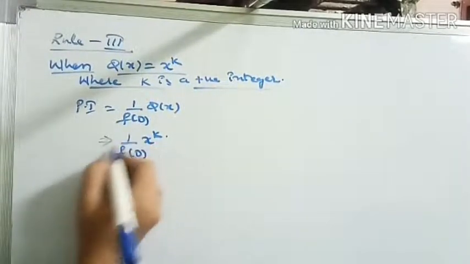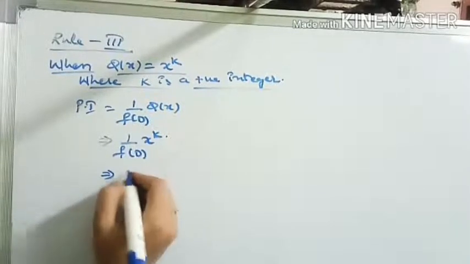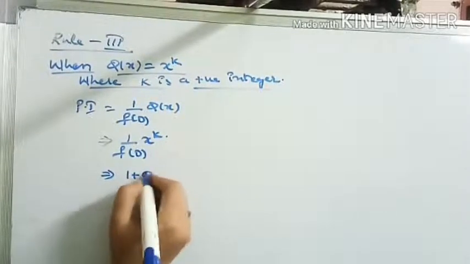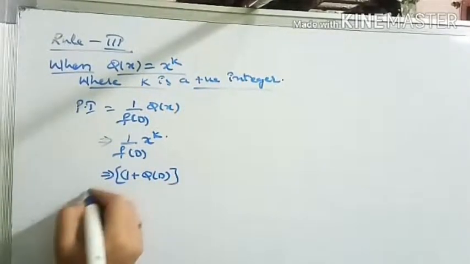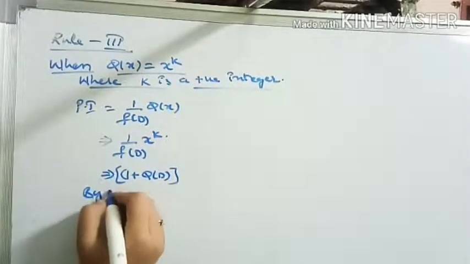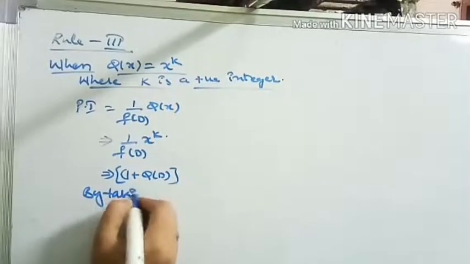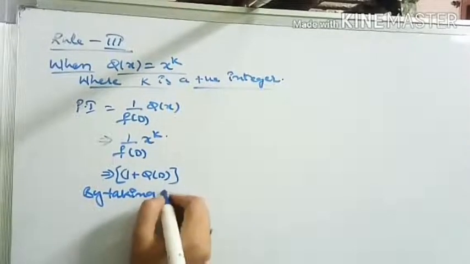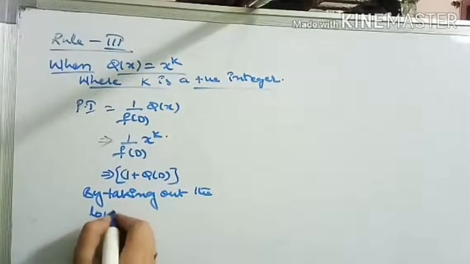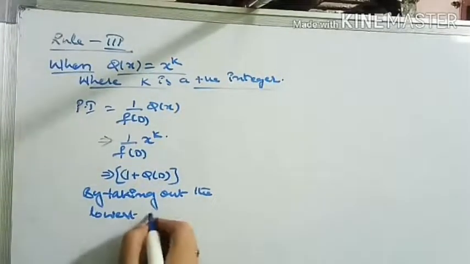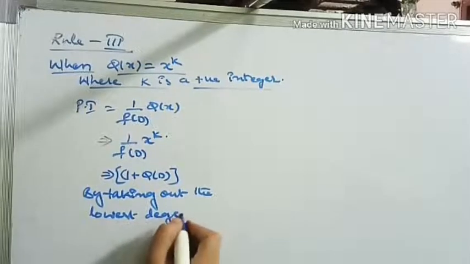Here we are going to reduce this f of D in the form of 1 plus or minus phi of D by taking out the lowest degree term.